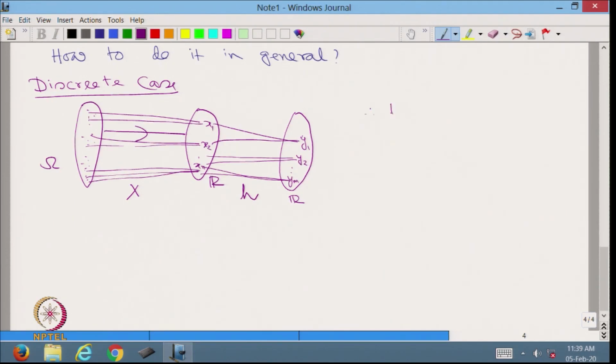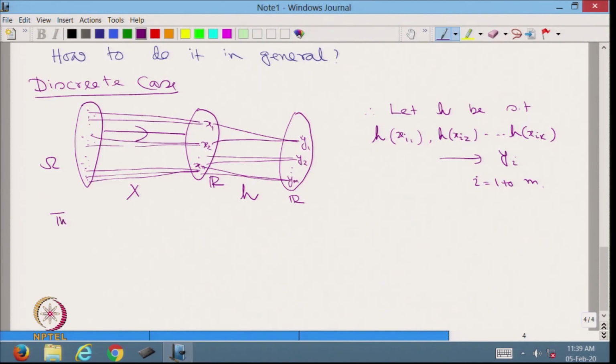Therefore, let h be such that h of x_i1, h of x_i2, up to h of x_ik, they all map to y_i, i is equal to 1 to m.